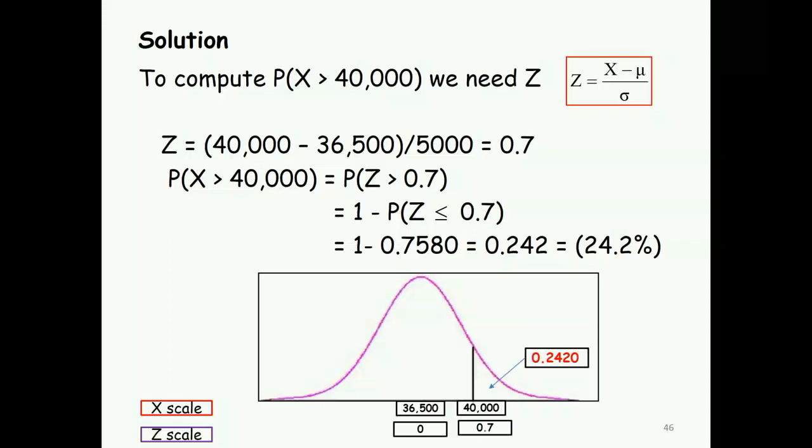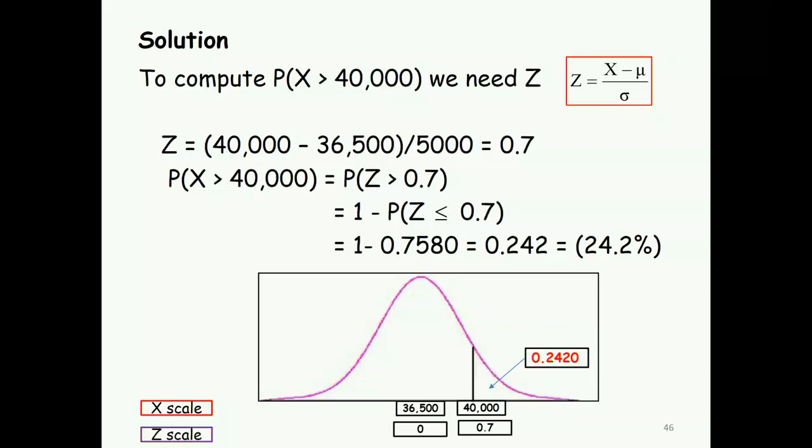Because it is difficult from the textbook, first I go to the left. If you want to find this 0.2420, first you go from 0.7 to the left, and then 1 minus that probability value. Because the table doesn't give you a probability to the right, it only gives you to the left.